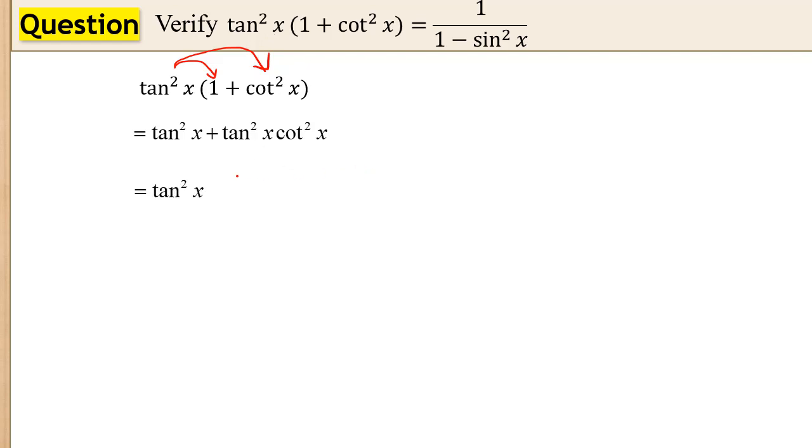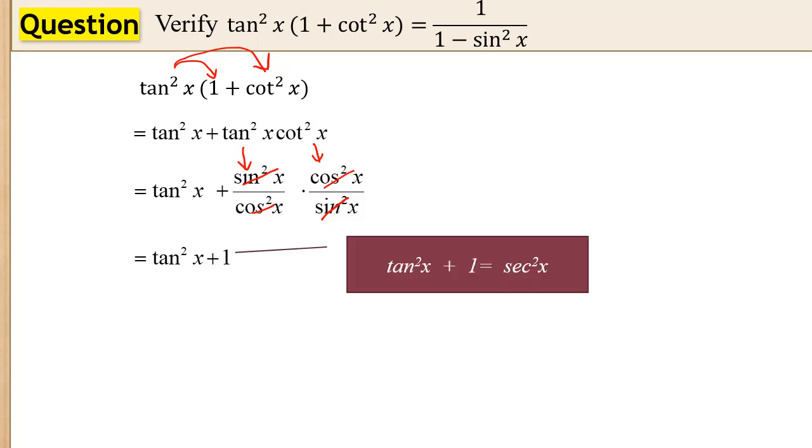We change the tangent squared x in terms of sine squared x over cosine squared x, and cotangent squared x in terms of cosine squared x over sine squared x, and we try to simplify it. So we will have tangent squared x plus 1.